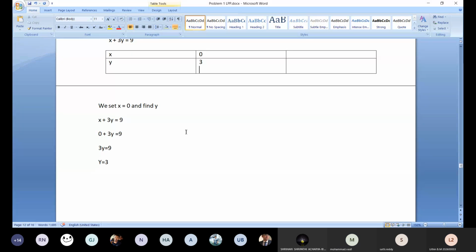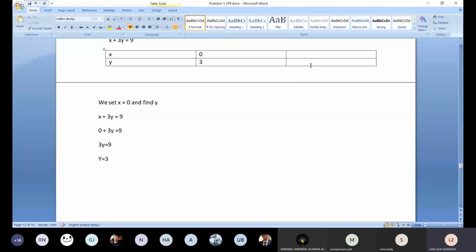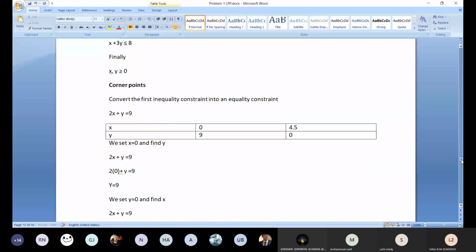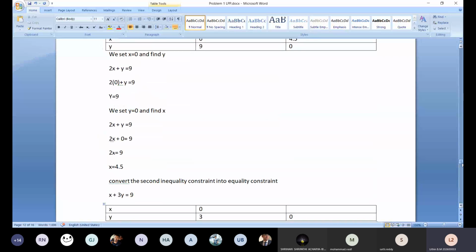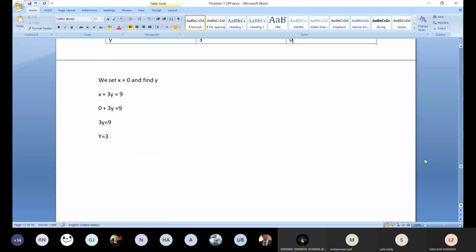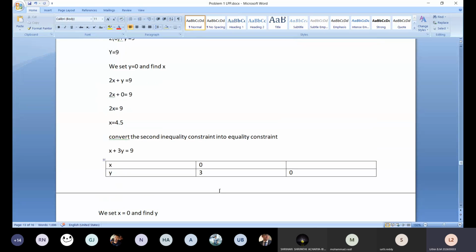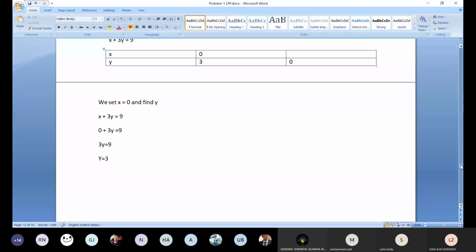Next, we set y equals to 0. Did I take the constraint right? x plus 3y equals 8, yeah. So now I am setting y as 0, whereas initially I had set x as 0.